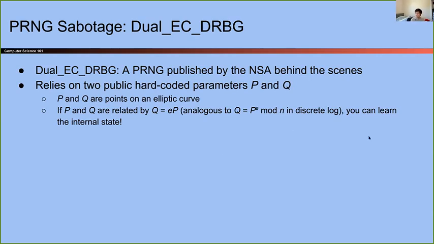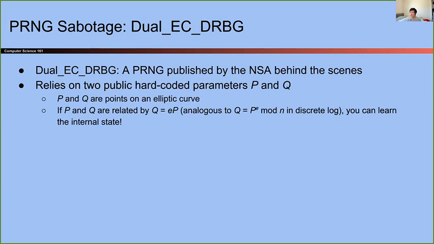In the regular discrete log, this would be analogous to if you could exponentiate P to some e and then get back to Q. But the issue here is that it was never described how they chose these P and Q values. They just published the standard one day and said, oh, these are the values you should use.